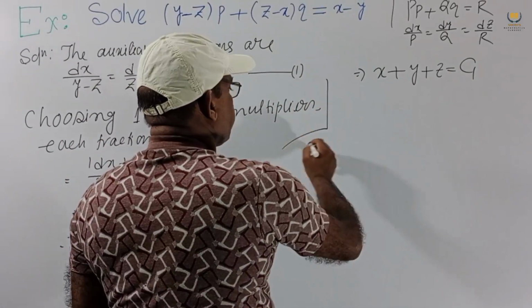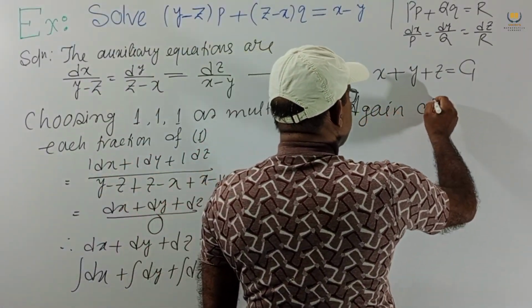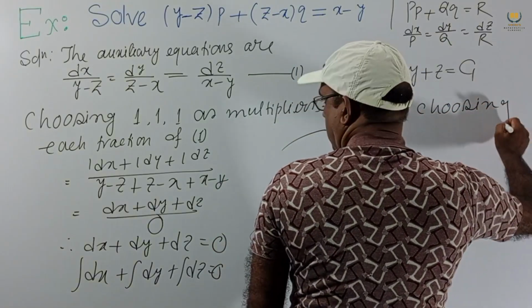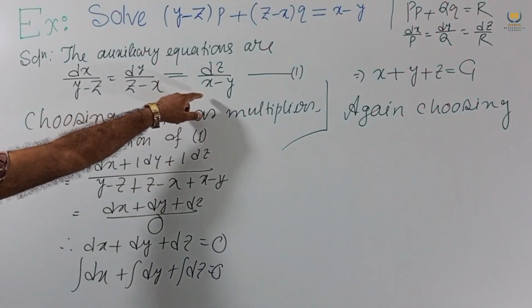Again choosing, so here x is absent, here y absent, here z absent.